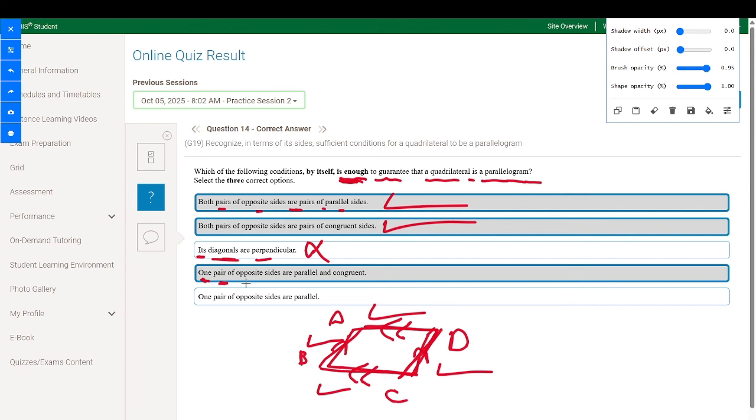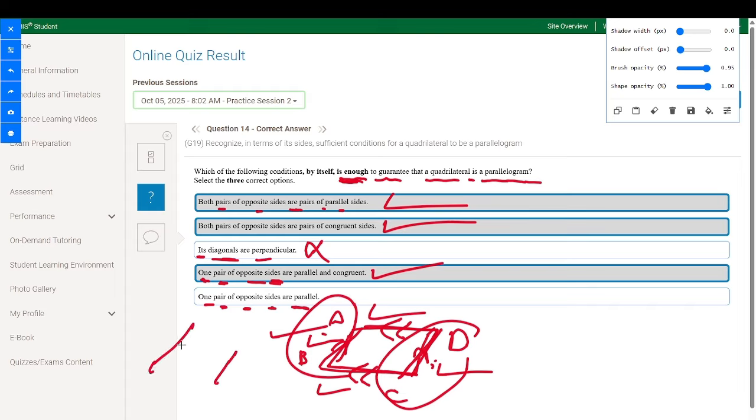Now, one pair of opposite sides are parallel, yes, and congruent. Yes, that is the right answer. Now, one pair of opposite sides are parallel, yeah, but he didn't say that they are congruent. So they can be parallel like this, but they are not equal. So this is the wrong answer.